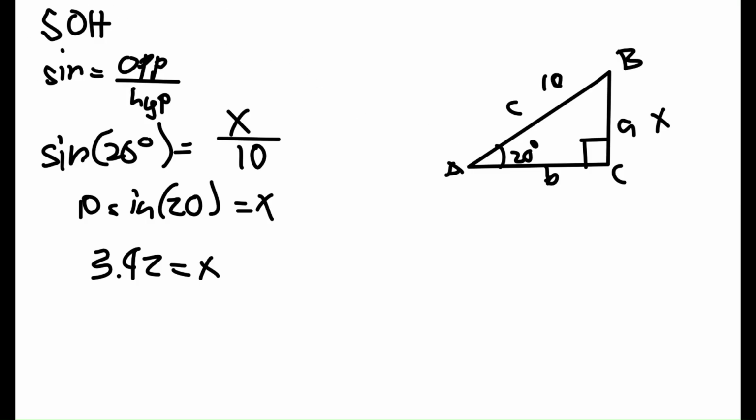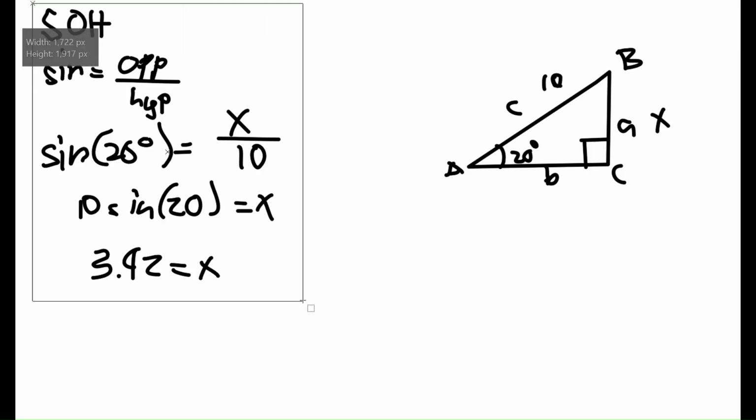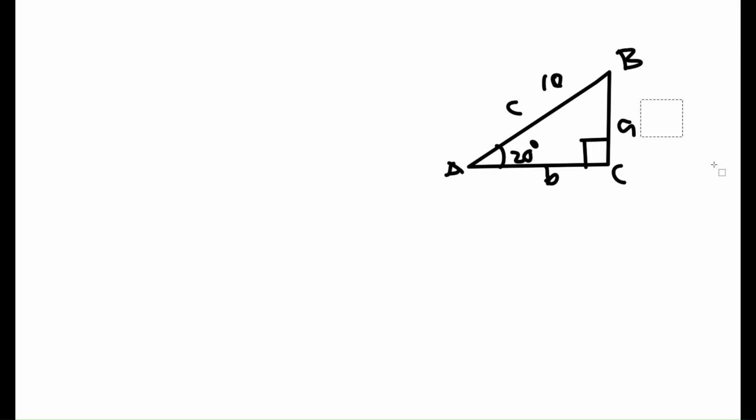Let's try another one. Let's use the same triangle. What if we are to look for the adjacent, or the B? Since our adjacent is present, as well as our hypotenuse, we can use CAH, or cosine is equal to the adjacent over the hypotenuse.